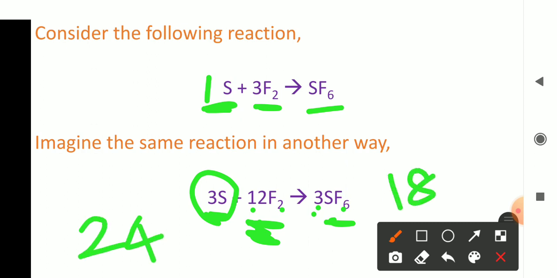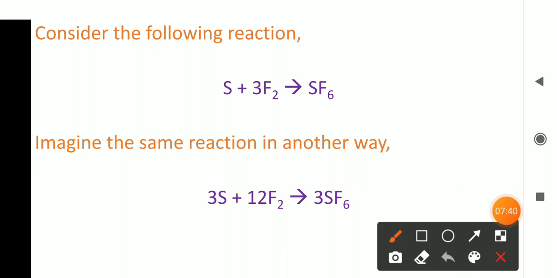So from this we can understand, look here, if we have some extra quantity of sulfur, this excess fluorine can react with it and we can get more amount of product, isn't it? But the reaction is stopped because of what? Because of the lower quantity of sulfur.